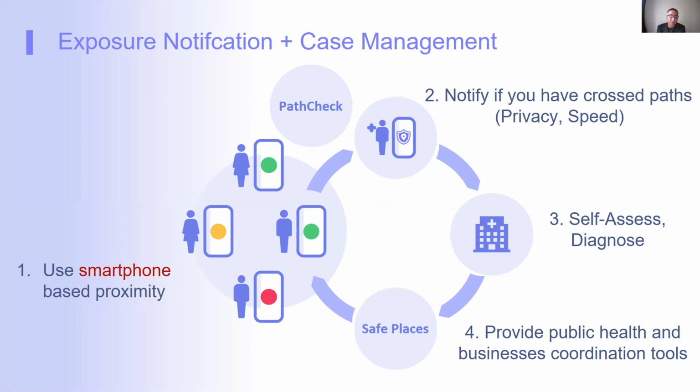The challenge with a lot of smartphone-based approaches is that although it does a reasonably good job for step 2, it does a very poor job for steps 3 and 4. So it can alert an individual, but doesn't help as much the public health entities or businesses because they don't get a dashboard view of what's going on.